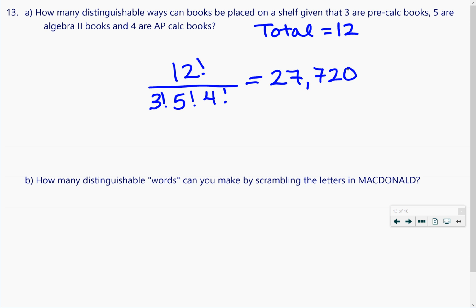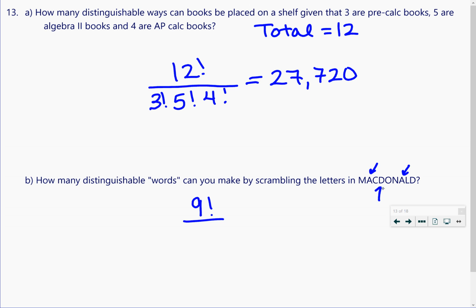Okay. How many distinguishable words, and words is in air quotes there because they might not be words that are actually in the dictionary, can you make by scrambling the letters in MacDonald? How many letters are in my last name? There are 9. 9 factorial. Well, actually, which letters repeat? The A's repeat.